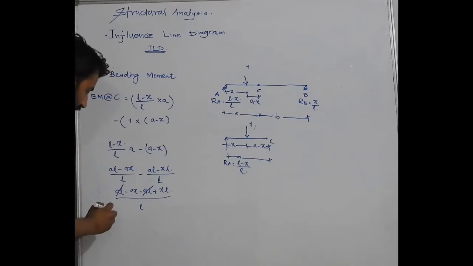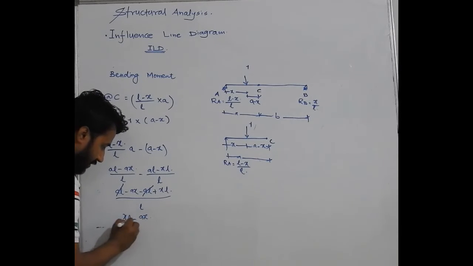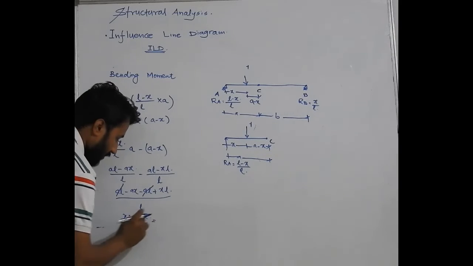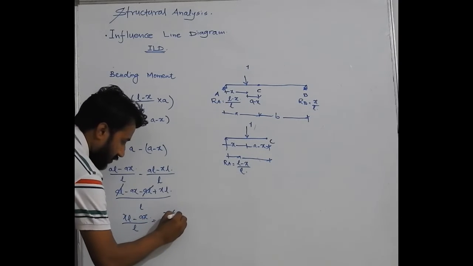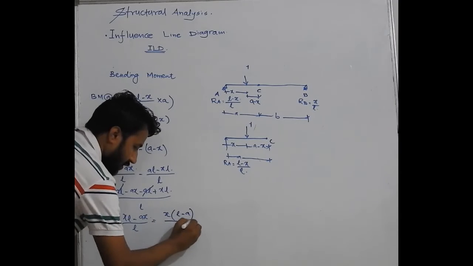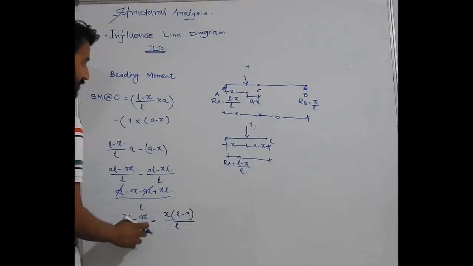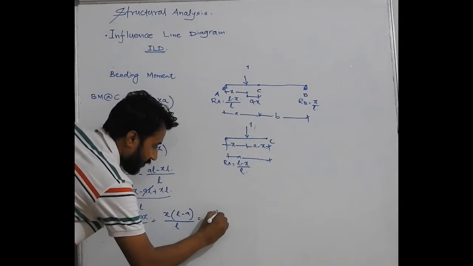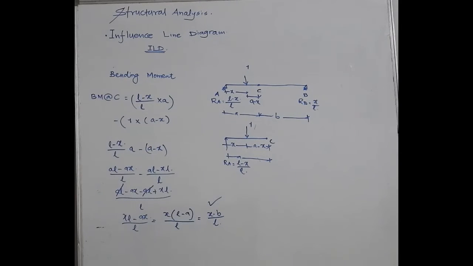The equation will be equal to XL minus AX divided by L. If we take this X common, this is X into L minus A divided by L. This L minus A is nothing but this B portion. So this will be equal to X into B divided by L. This is the maximum bending moment we are getting.